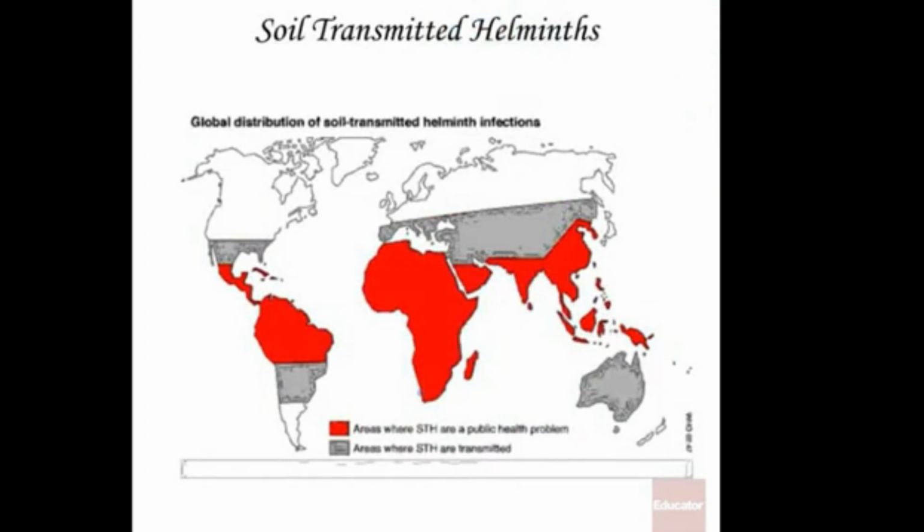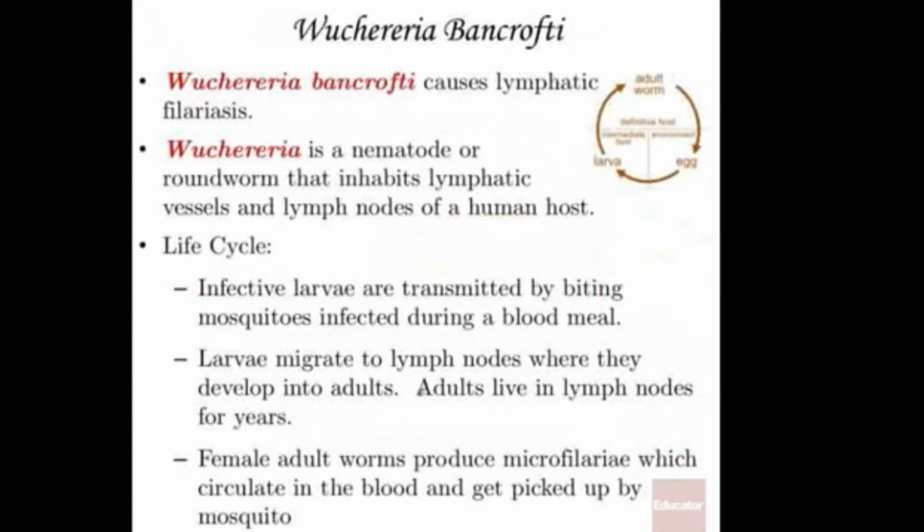So soil-transmitted helminths are also essentially located in almost the same countries. We're not going to discuss the soil-based in too much detail, but these are helminths where part of the life cycle occurs in the soil. So the first example we're going to talk about is the helminth that causes filariasis.